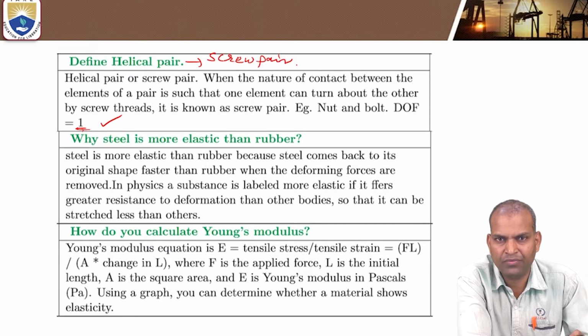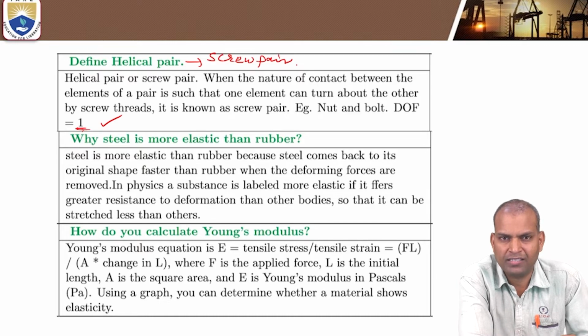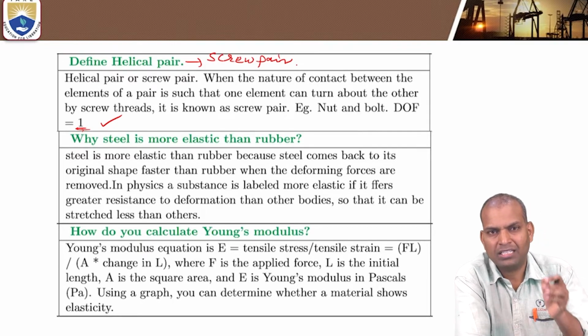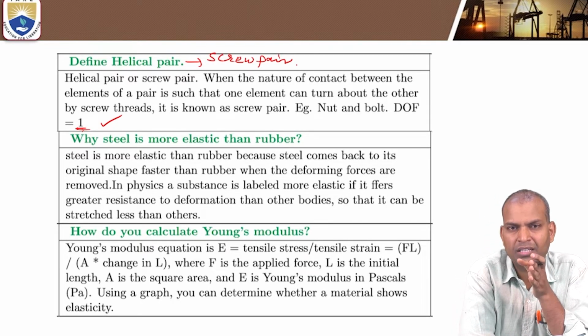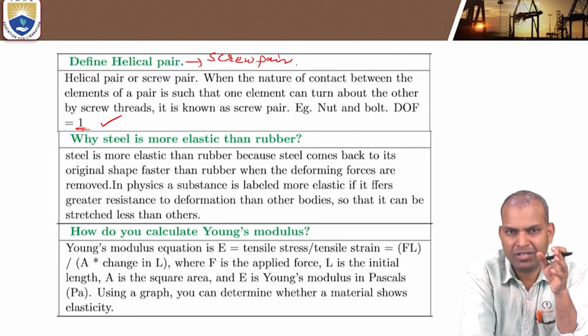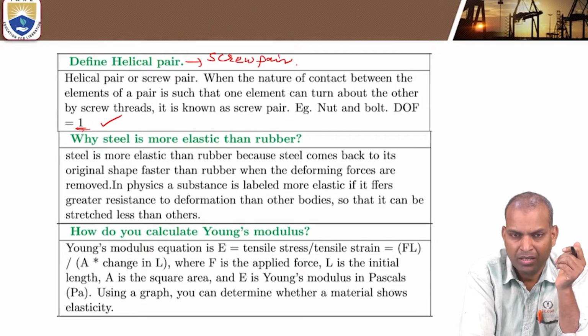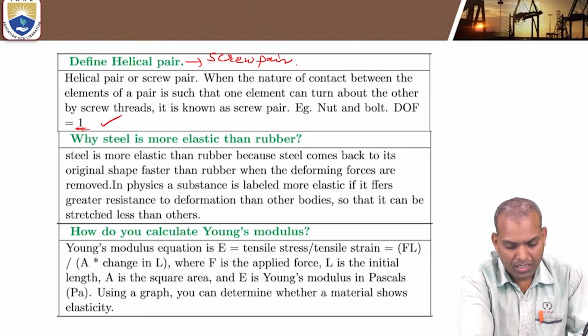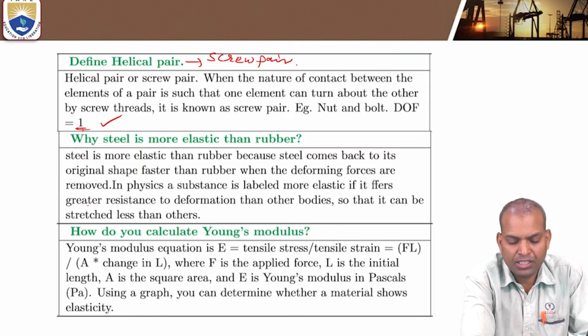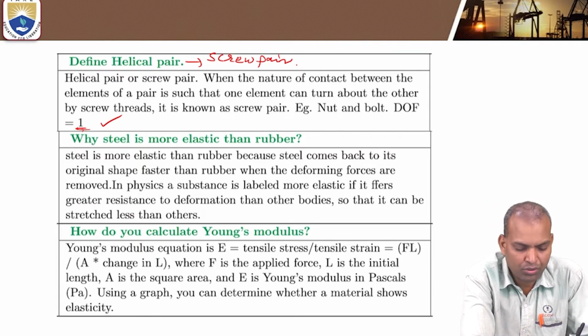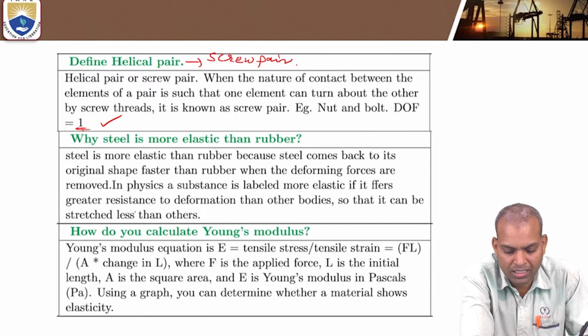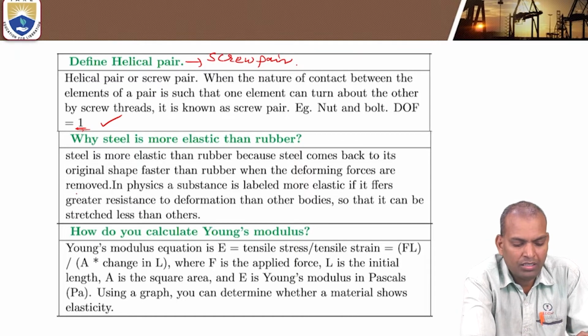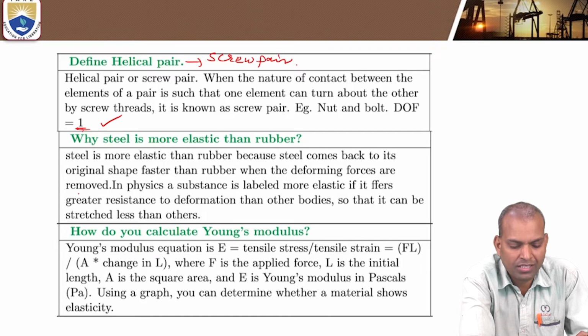That is the meaning of more elastic. That's why, at the same load, rubber can deform very quickly and it comes back, whereas steel resists deformation more than other bodies. That's why steel is more elastic than rubber.